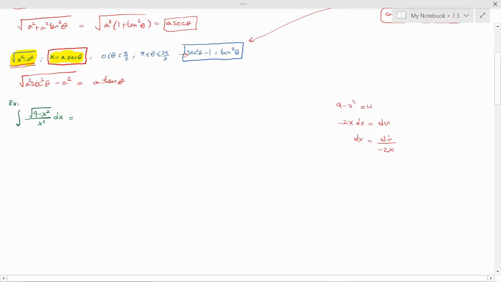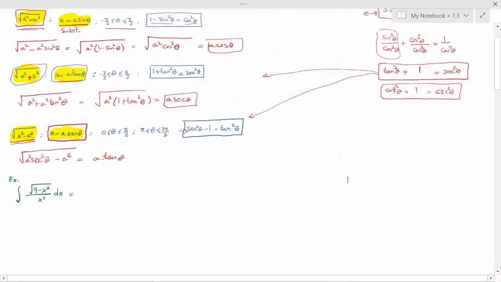So if we look at the square root that we have, it is very similar to 9 minus x squared.